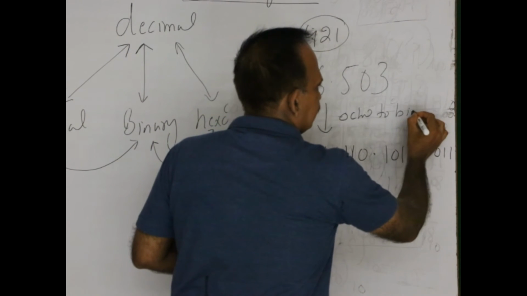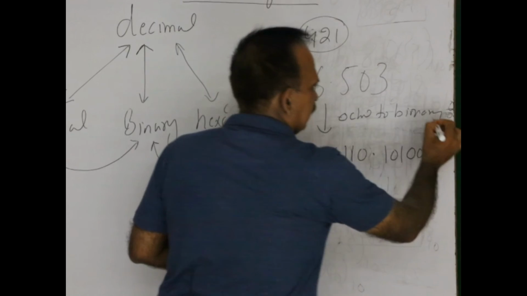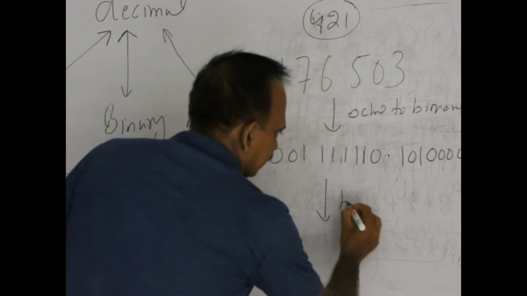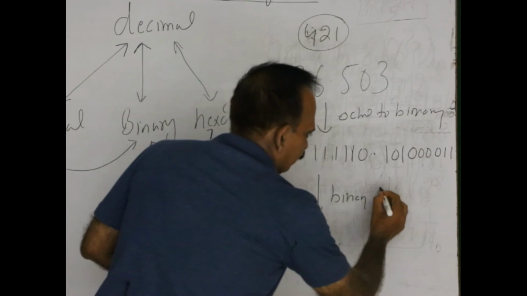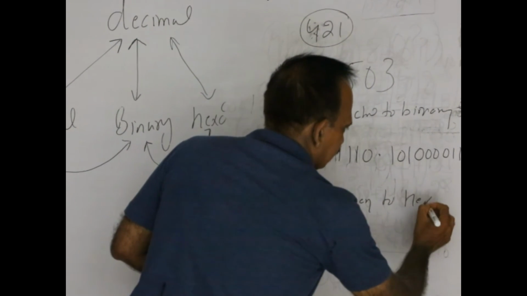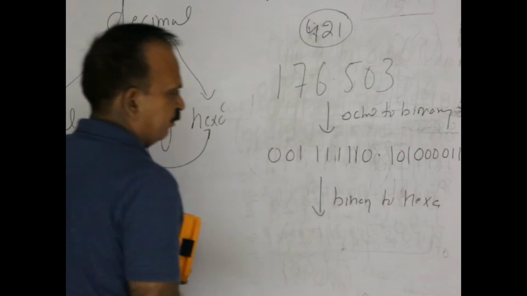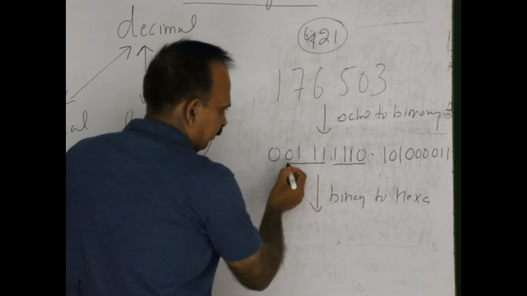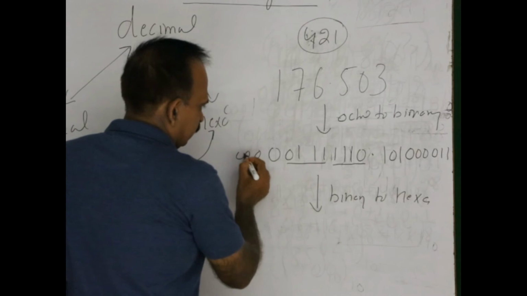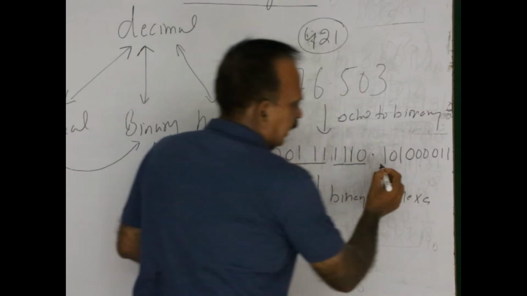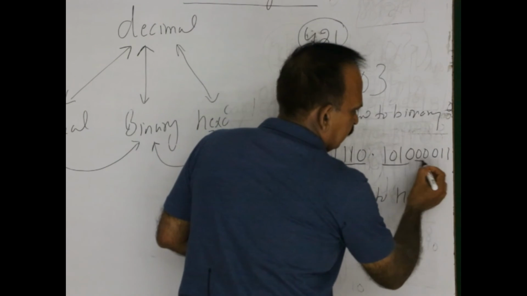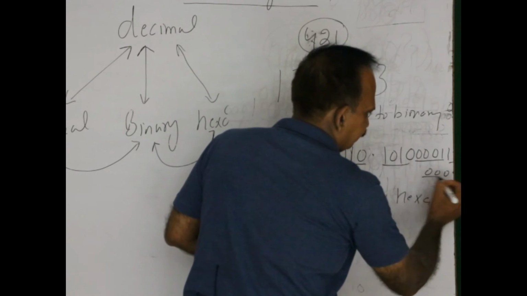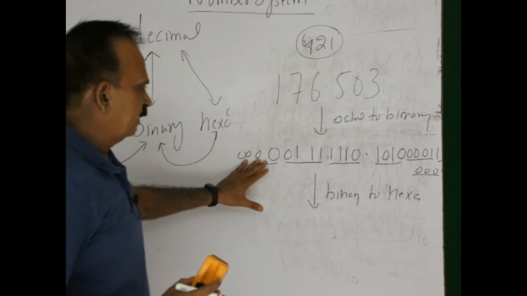So I first converted the octal number to a binary number, and now I will be converting this binary number to a hexadecimal number. For hexadecimal, I will be preparing groups of 4 bits. Here it is again 4 bits, 4 bits, and the last one will be 4 bits.